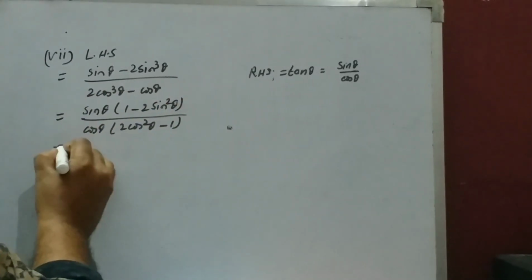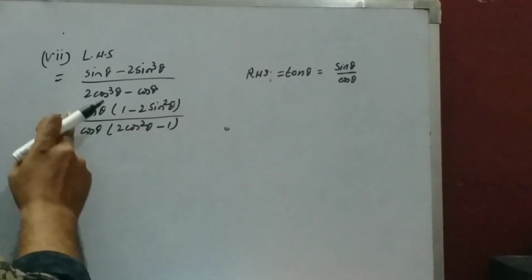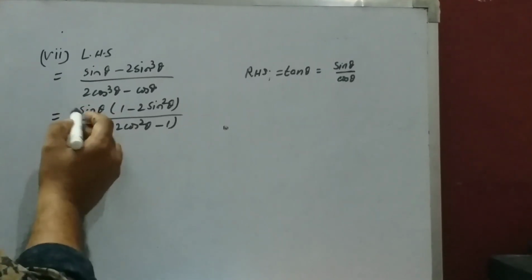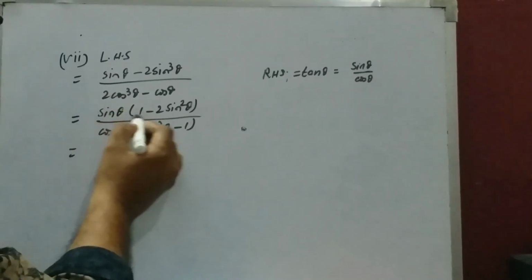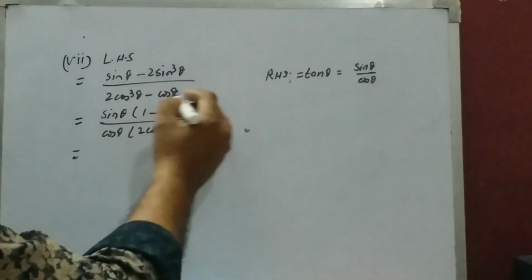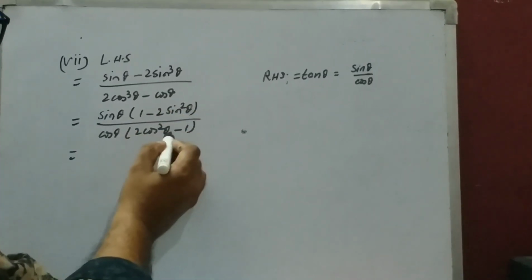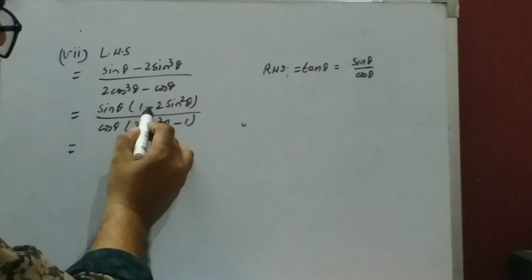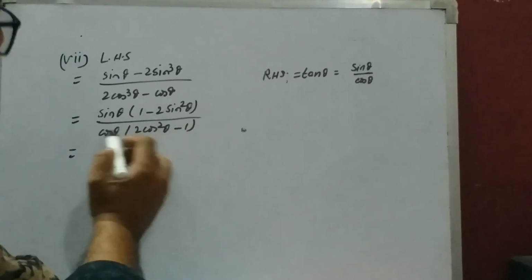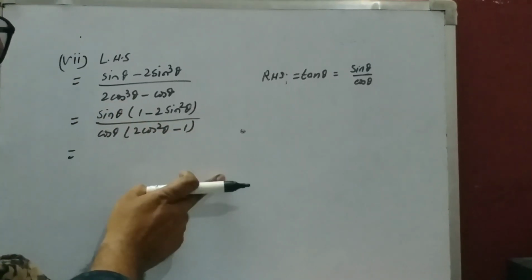Okay. Now this is your desirable thing, and these are your undesirable things. So anyhow, you will try to eliminate, cross out this and this together. And how can this be crossed out?